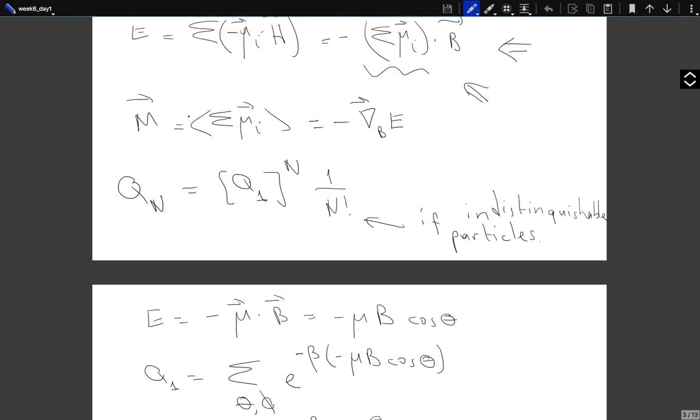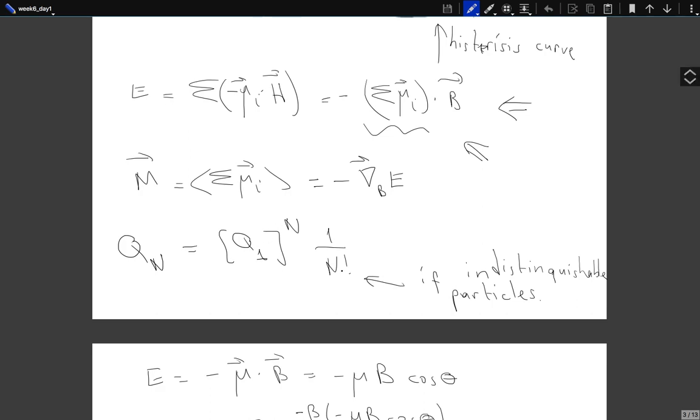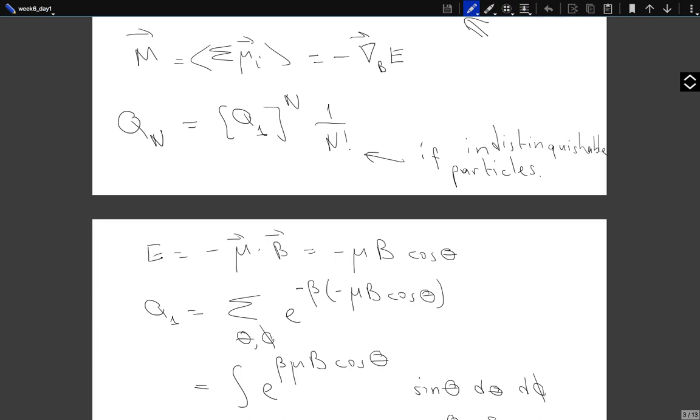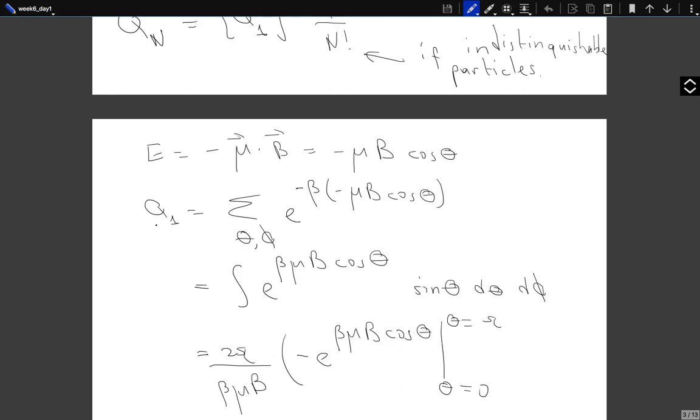So if we calculate Q1, in our case, we don't have this n factorial term, it's just Q1 to the power n. So it's enough for us to calculate the single particle partition function. And classically, this was the energy, minus mu dot B. If you remember, the partition function is nothing but the sum over the microstates of e to the power minus beta E. The microstates in this case just correspond to different orientations of the magnetic dipole moment of my system.